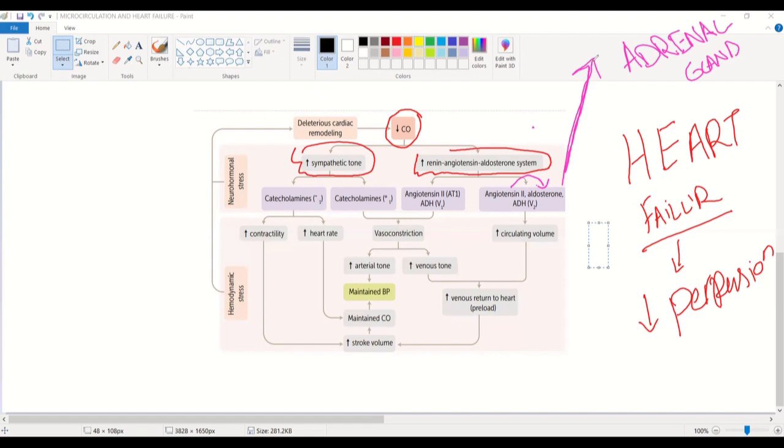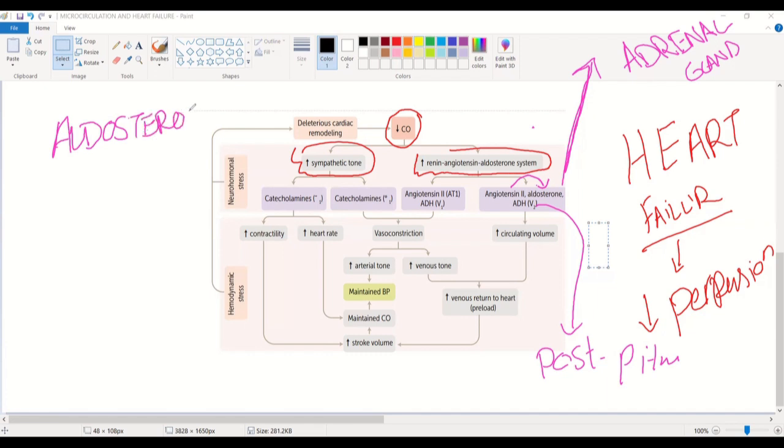Okay. So ADH is released from which area of the body? The posterior pituitary, right? So what is the function of aldosterone? Aldosterone acts on the collecting ducts of the kidney nephrons.